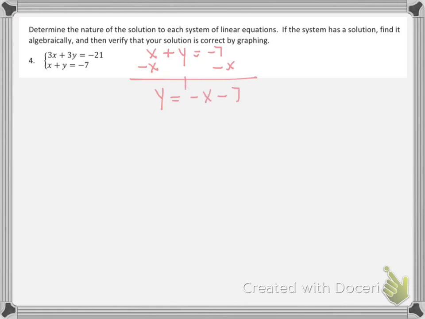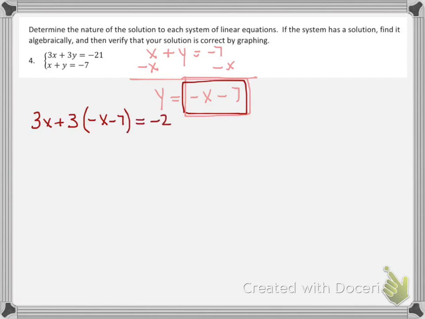So now I know whenever I see a y, I can substitute negative x minus 7 into that first equation. So let's go ahead and do that. Rewrite 3x plus 3y. Well, our y is this, so I'm going to substitute negative x minus 7, and that's equal to negative 21.